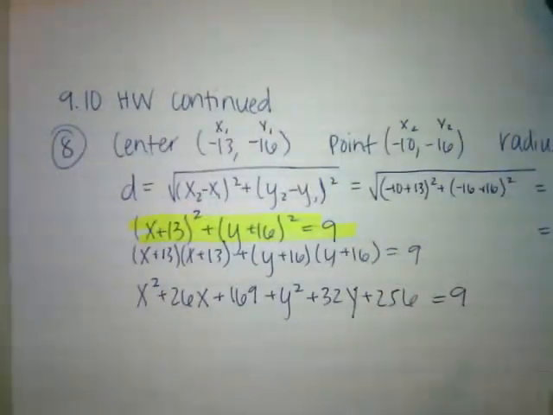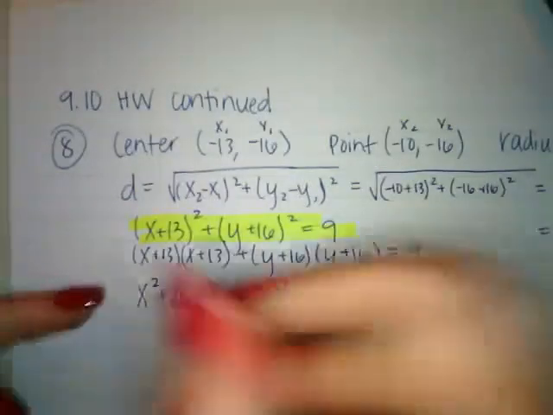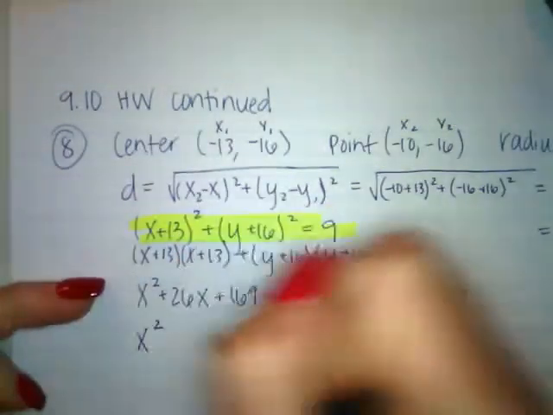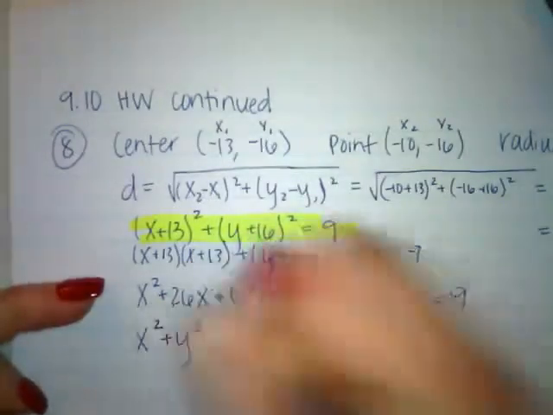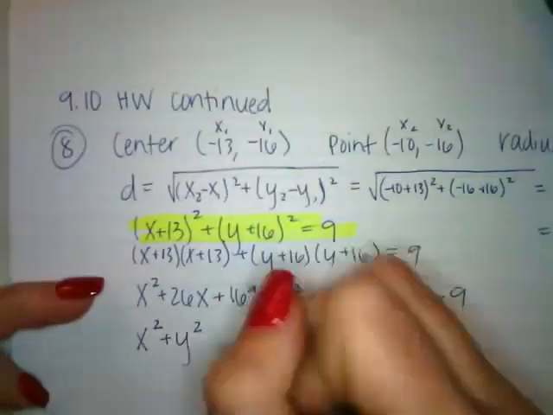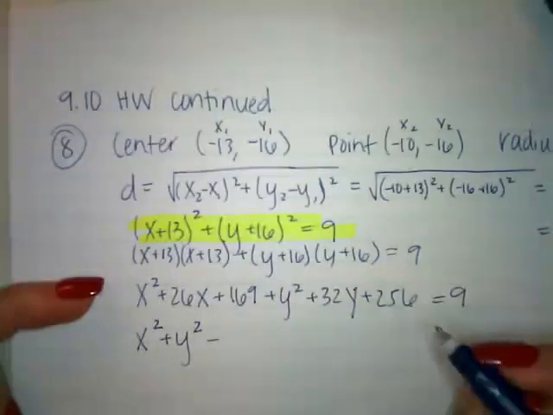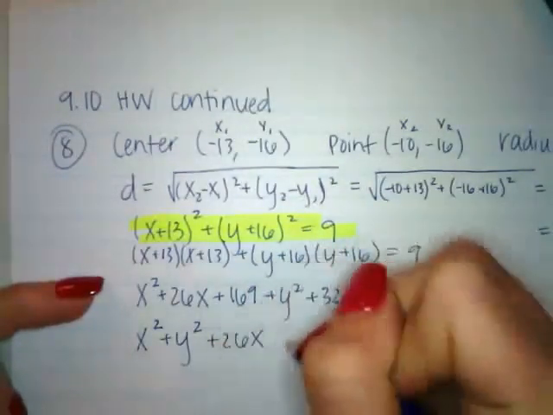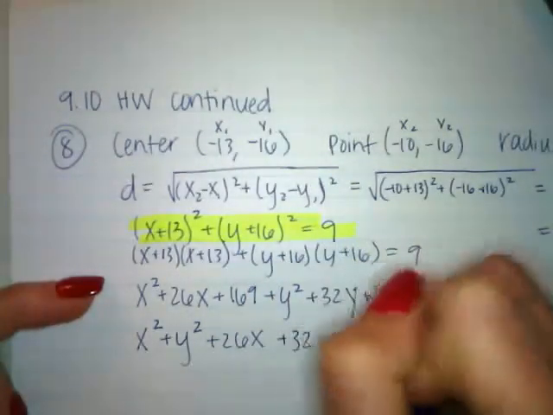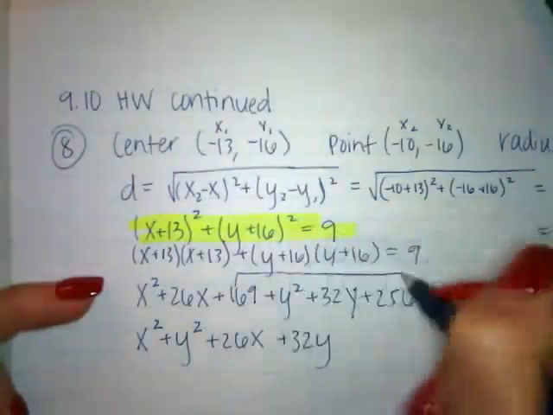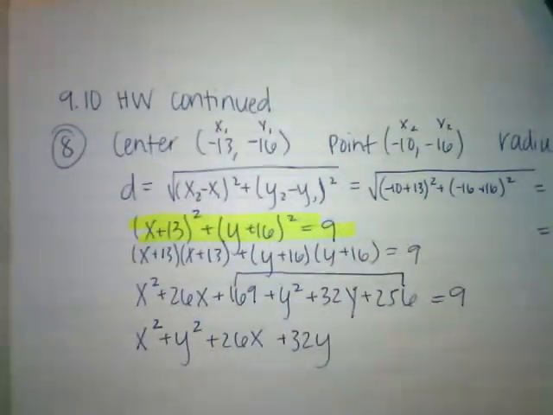Okay, I need to make sure that we have this written highest to lowest, alphabetical, and set equal to 0. So x squared plus y squared plus 26x plus 32y.